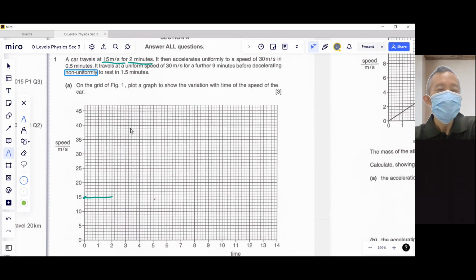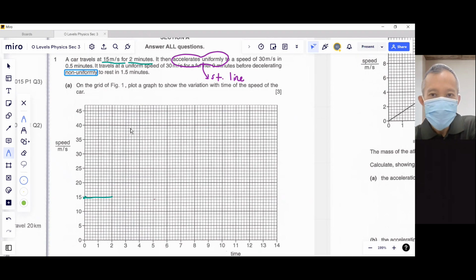The next one is accelerating uniformly. That means this is a straight line. But you don't know what the gradient is.